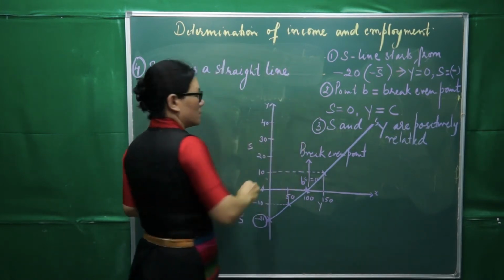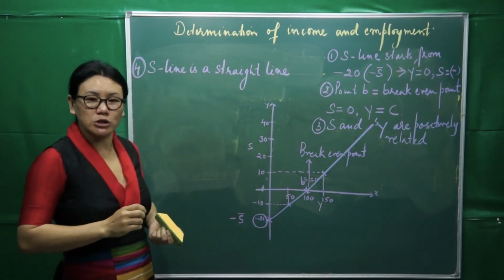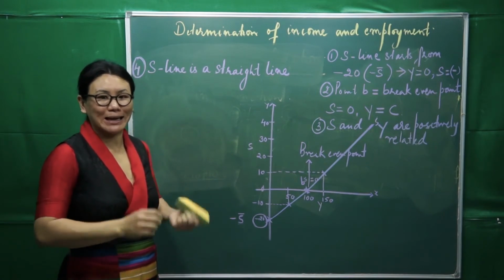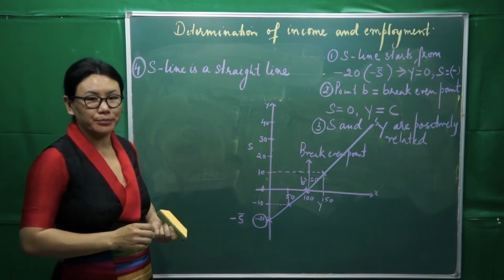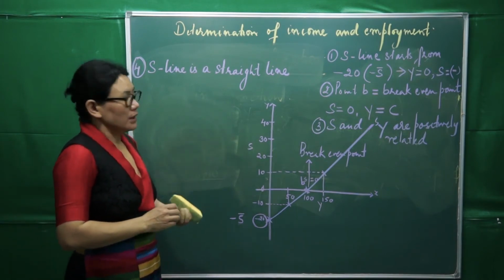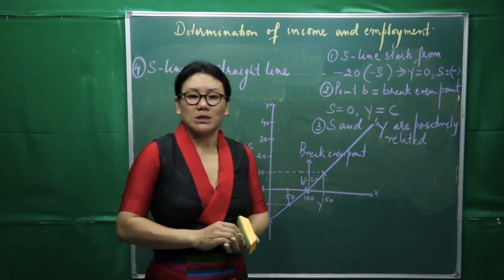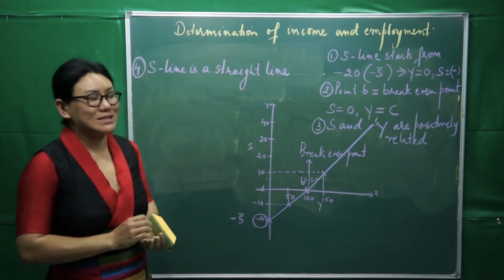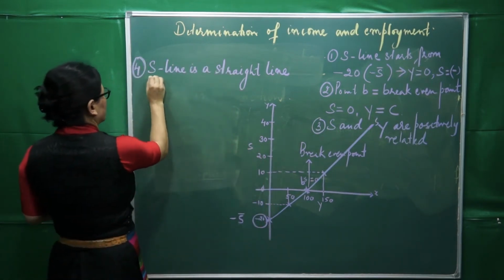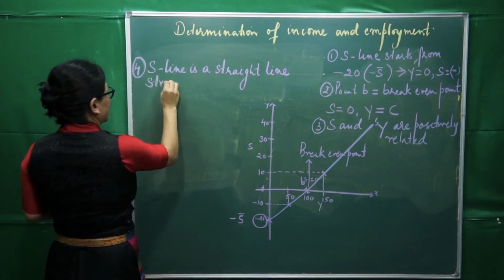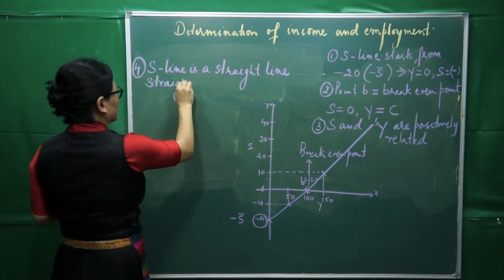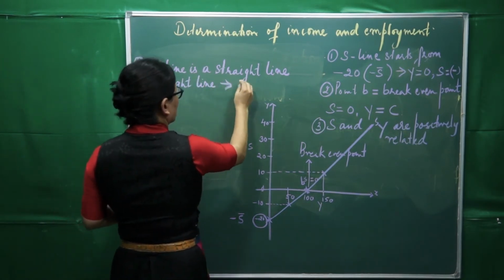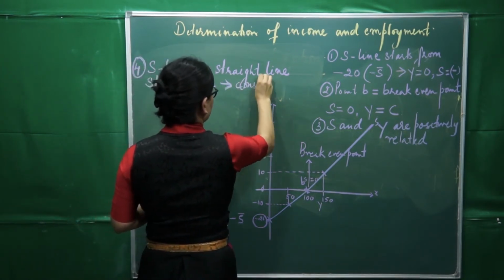Remember, I said in consumption function also, consumption line is also a straight line, right? Now, a straight line has a constant slope.